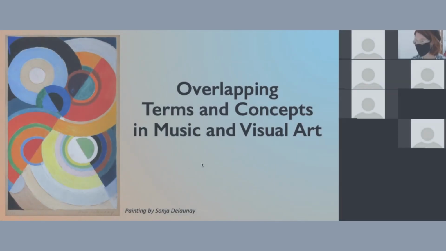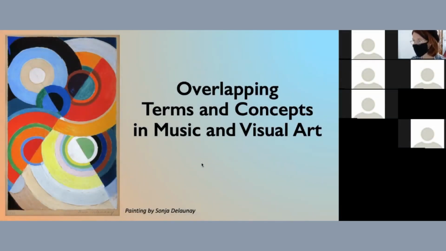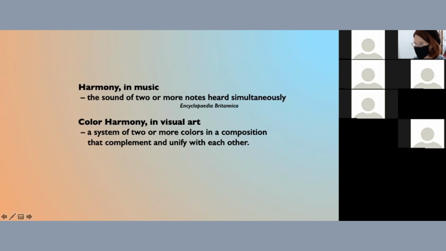Great to know and understand and also apply is that there are overlapping terms and concepts in both music and visual art. Okay, so color harmony in visual art is similar to harmony in music.